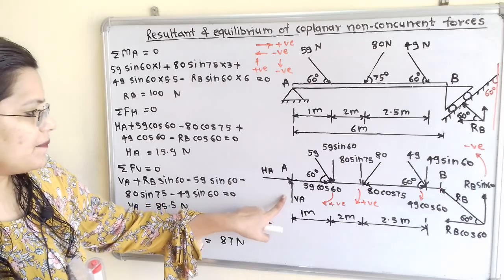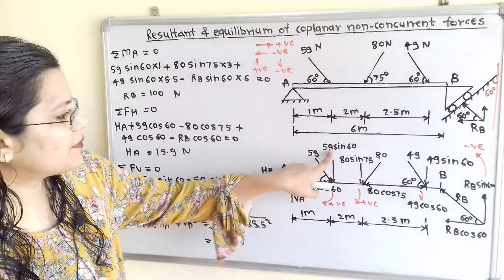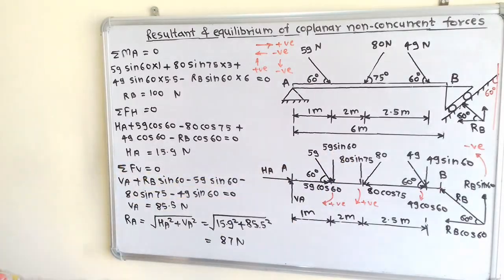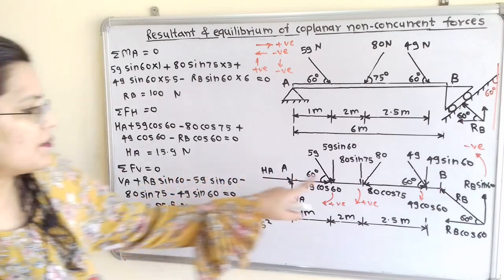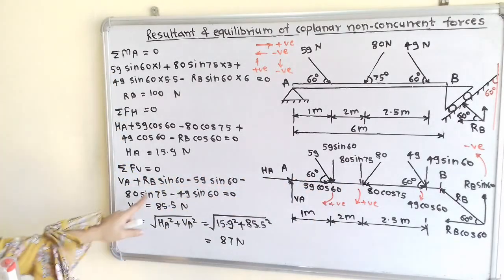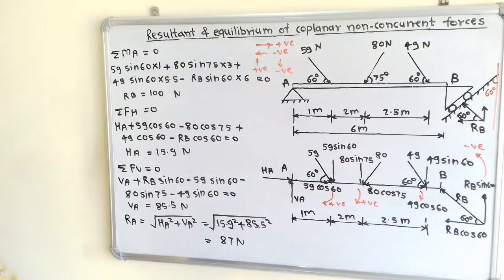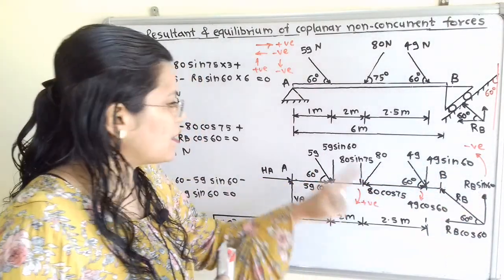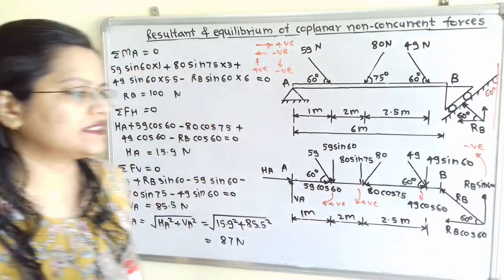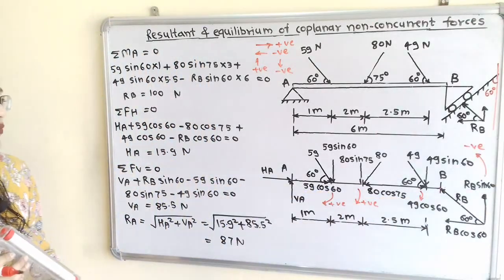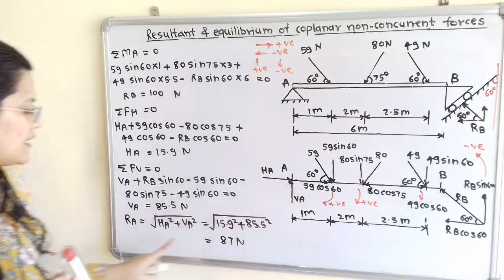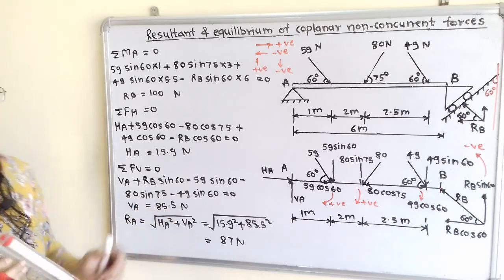Here is VA minus 59 sin 60, then minus 80 sin 75, minus 49 sin 60, and RB sin 60 is upward, so plus RB sin 60 is equal to 0. The one unknown term is VA, so VA is 85.5 Newton.